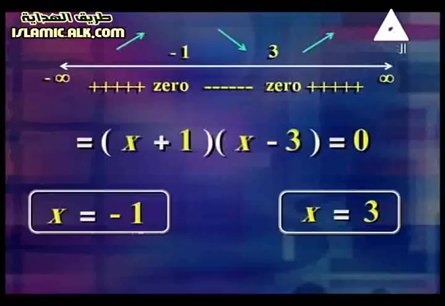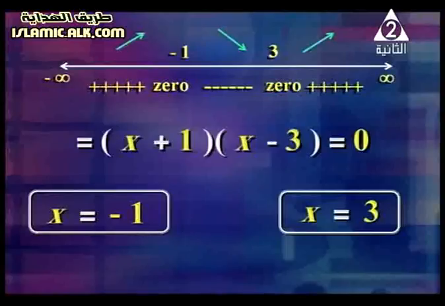From the last interval, open interval 3 to infinity, we investigate f dash x. It is more than 0, which means it is positive. Then the behavior of the function is increasing.